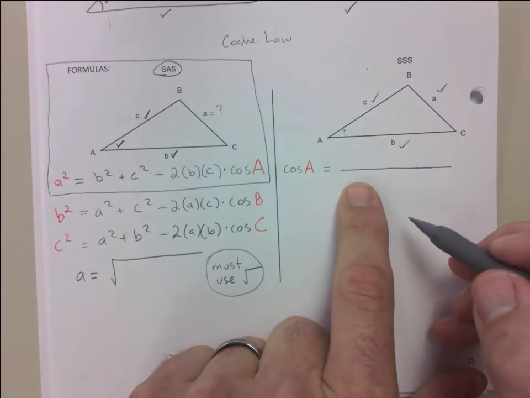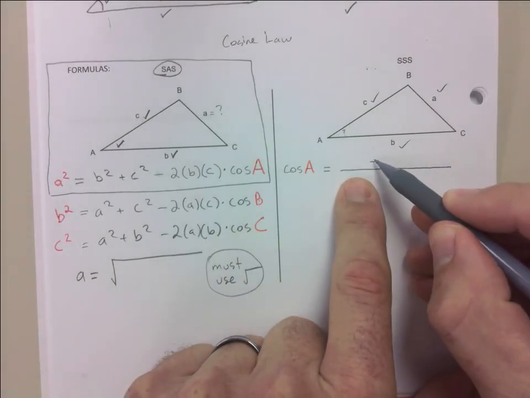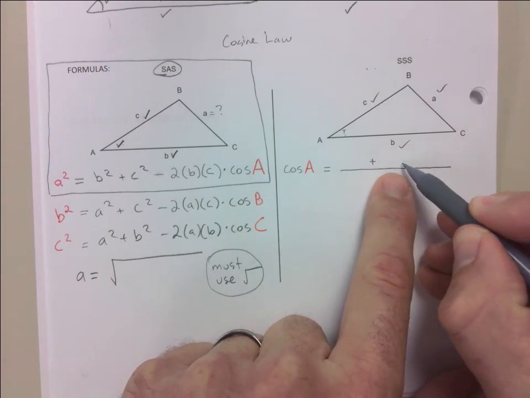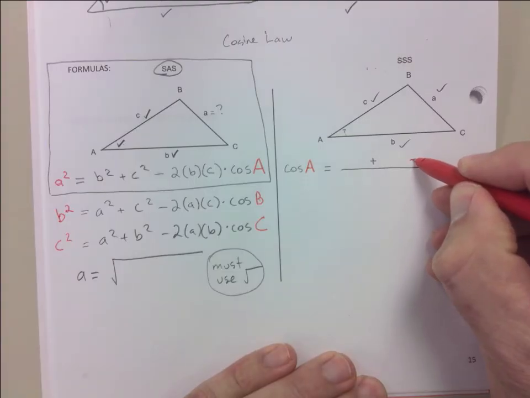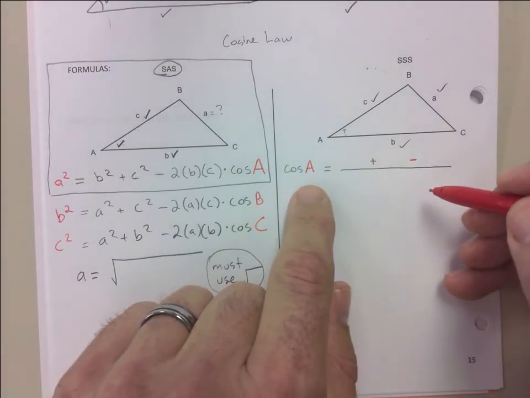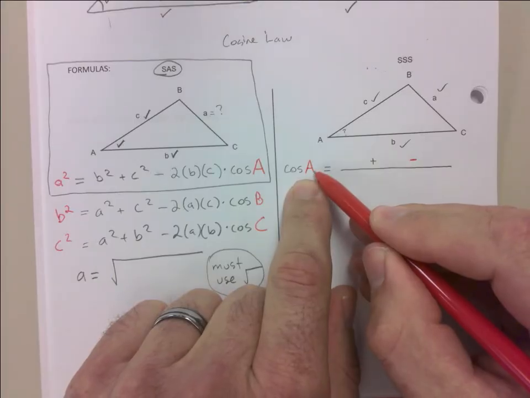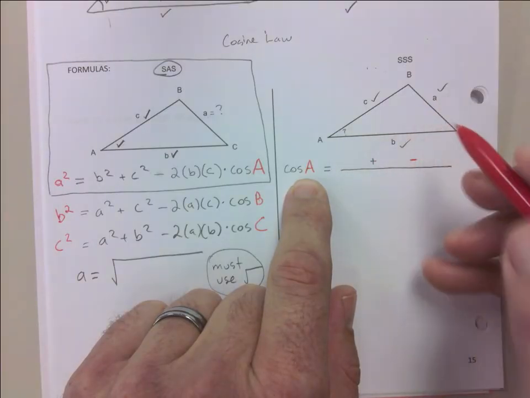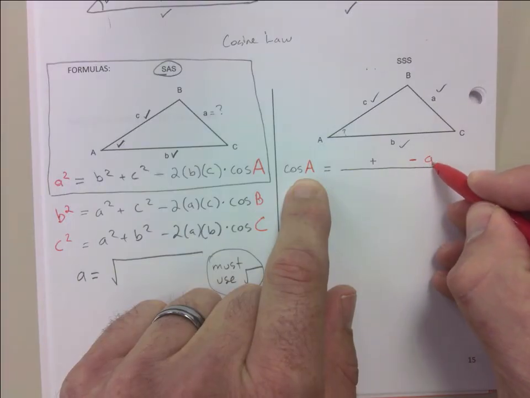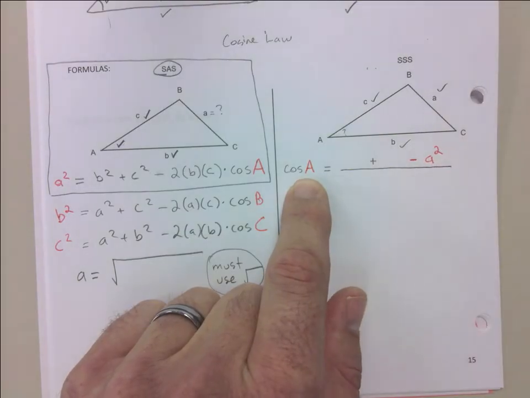And the pattern is going to be as follows. You're going to add 2 sides, but this is the most important one. You're going to subtract the side that's opposite angle A. What side is opposite angle A? Lowercase a, right? So you must make sure you subtract and square it.